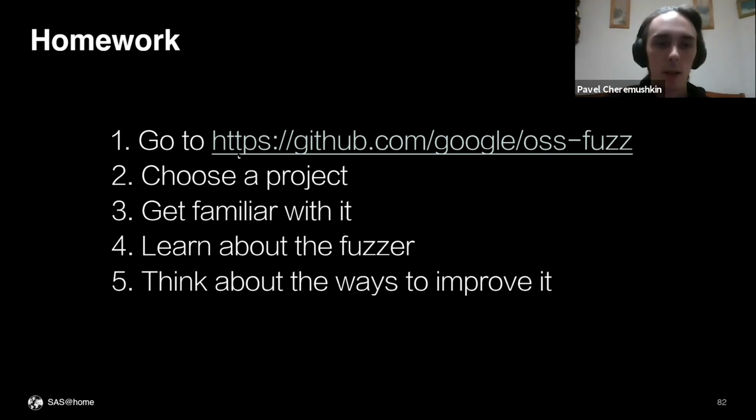So I would like you to apply those concepts by going to Google OSS-Fuzz, choosing a project that you are familiar with, or will get familiar with, learning how fuzzing is implemented inside it, and thinking about ways to improve it, or what else you can fuzz to find a memory corruption bug in it.